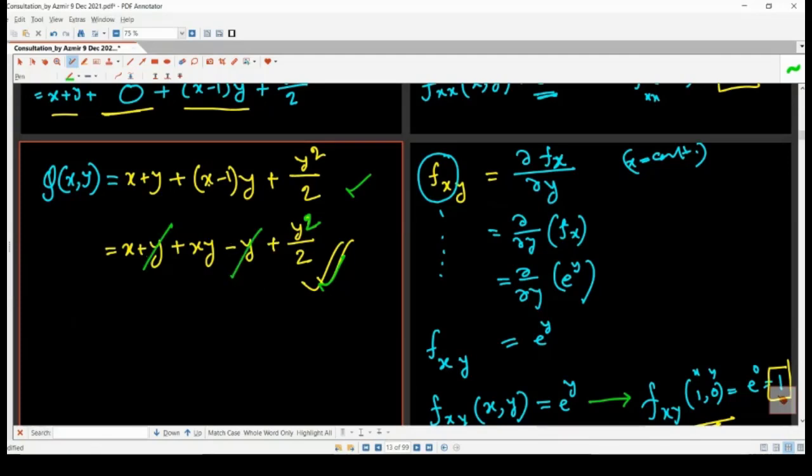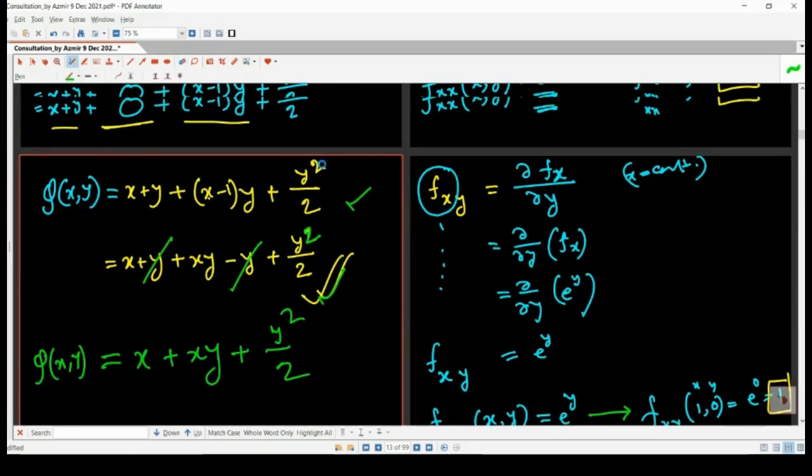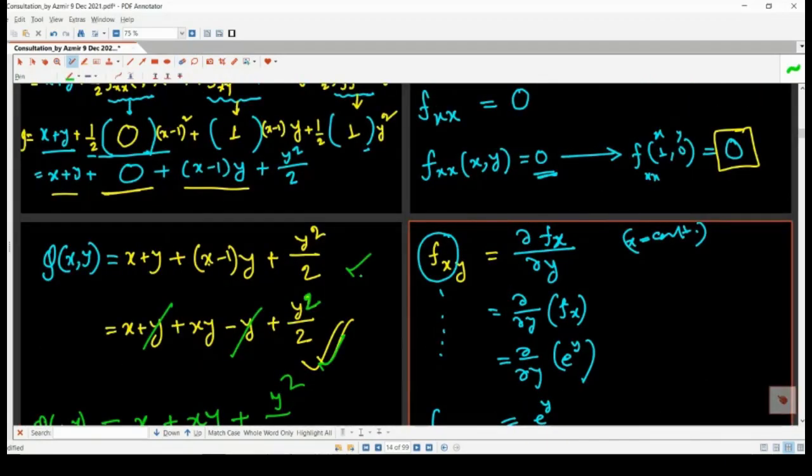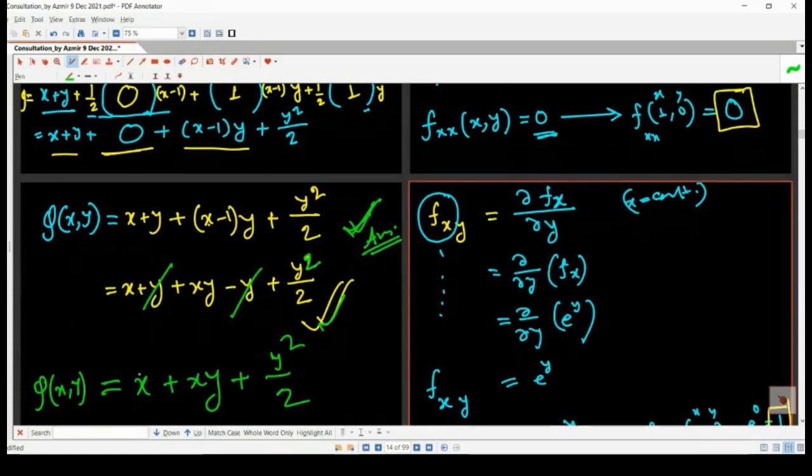If we cancel out y and y, we will get x plus xy plus y squared by 2. That is also okay. Once you have applied the formula and you have all the values, you can keep your answer here. No need to simplify this one.